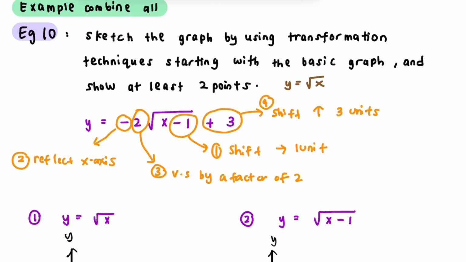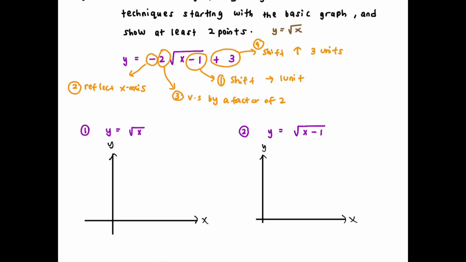So make sure you don't make mistakes in each of the steps. The first graph must be the basic graph. So what is the basic graph of y equal to square root of x? Make sure you sketch the basic graph first. So this is your basic graph. Okay. And then show at least 2 points on the graph. Let's say we choose the origin 0, 0.